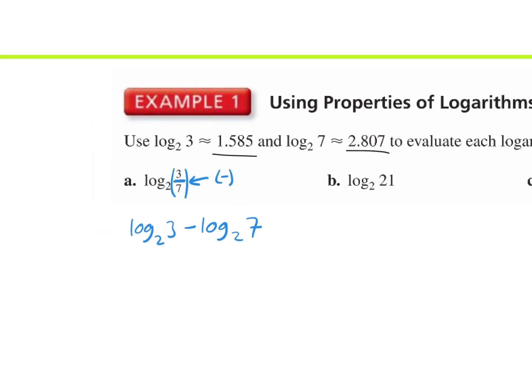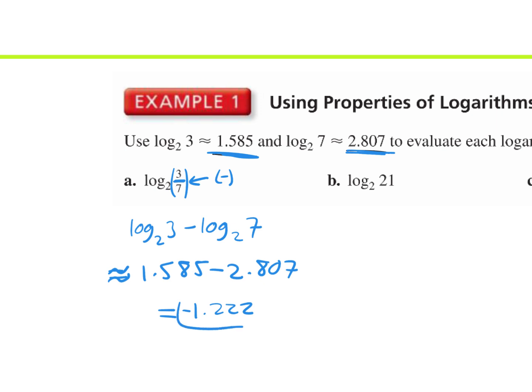And these are values that we have. We're given log base 2 of 3 and we're given log base 2 of 7, right? So I'm going to say that this is approximately 1.585 minus 2.807. If you work this out, you should get negative 1.222.